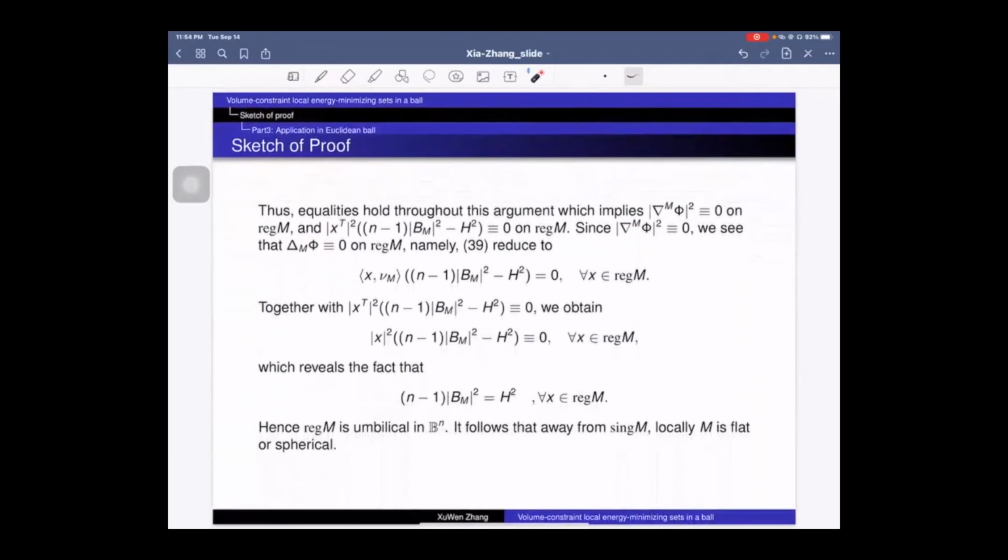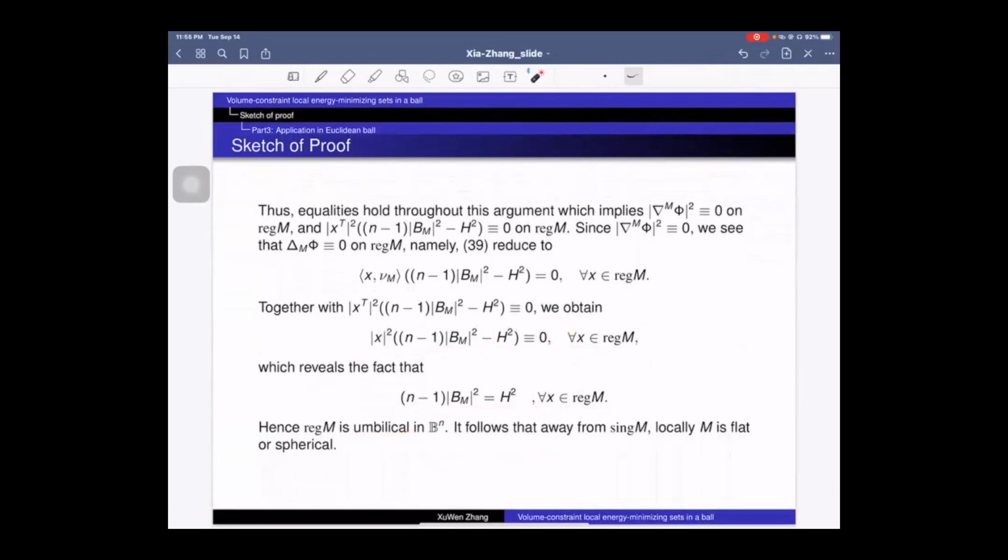Then we can compute and see that this formula holds at any regular point of M, which shows that this must be 0 on the regular part of M. And again, by Cauchy's inequality, this must be bigger than or equal to this, and equality holds if and only if the principal curvatures of M are the same, which means that the regular part of M is umbilical in the Euclidean ball.